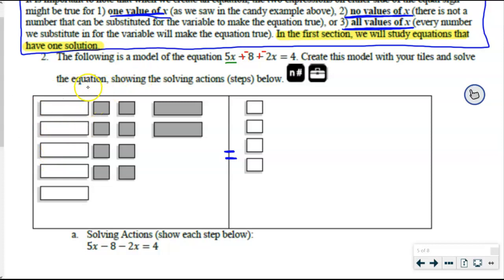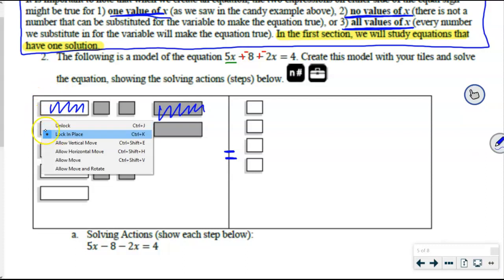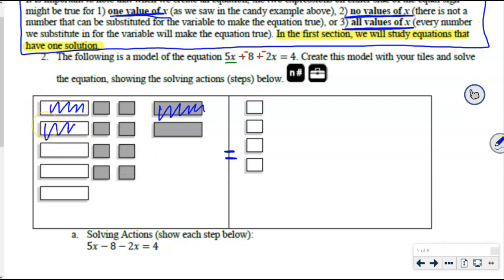So that's the first thing that we would do. Now, I can't pick them up off of my page any more than you can, but we know that this and this are going to zero out. This and this are going to zero out. What do I have left after I zero out those zero pairs? 3x, exactly. I have 3x. What else? And 8 negative unit tiles.